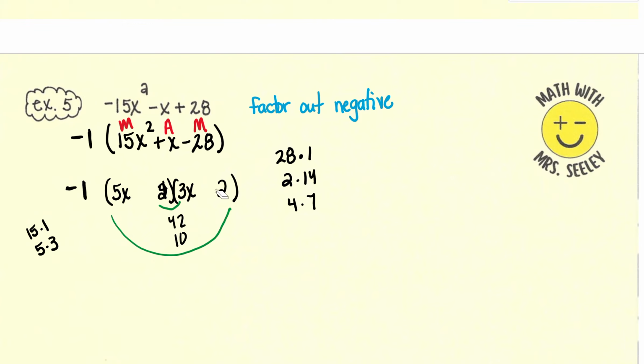So let's go back and try our 7s and our 4s and see. So that's going to be my 5x and my 3x to get 15. I think I'm going to do 7 and 4. If it doesn't work, I'll try 4 and 7.